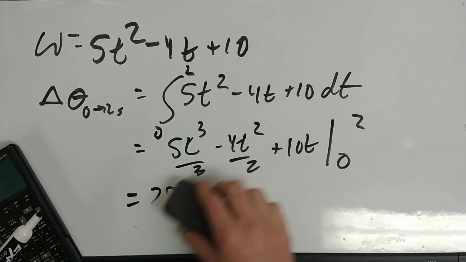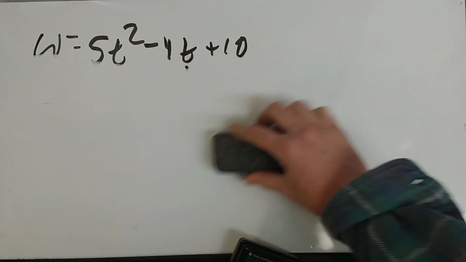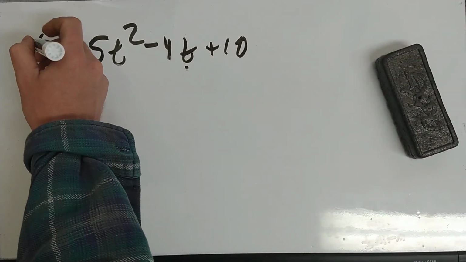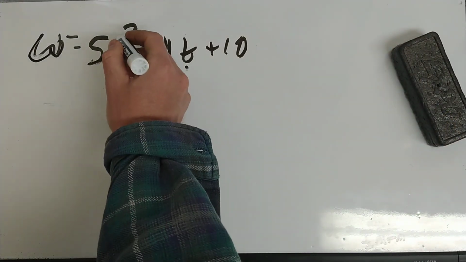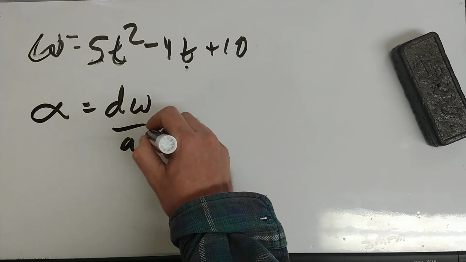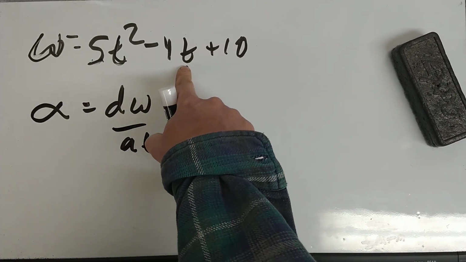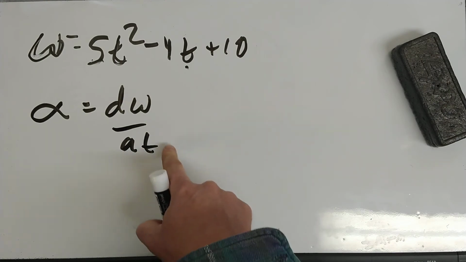Now the next one says same velocity function. What's the angular acceleration of this system at 2 seconds? All right. So alpha is d omega dt. It's the derivative of this velocity function with respect to time.